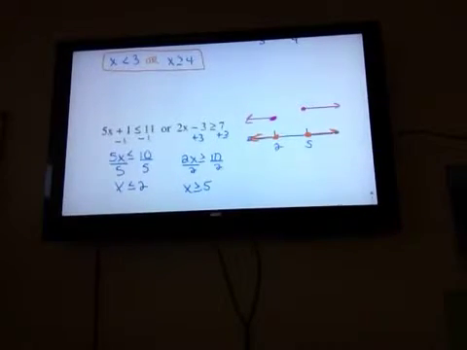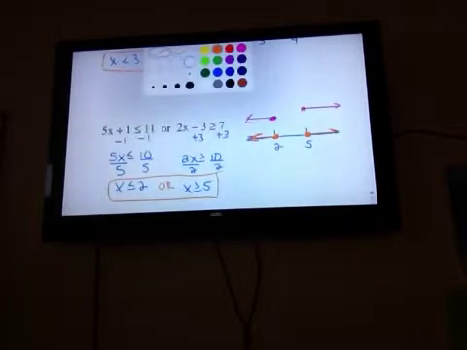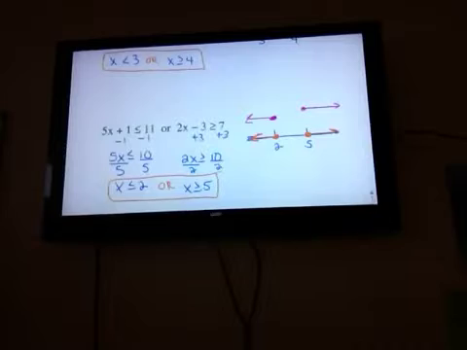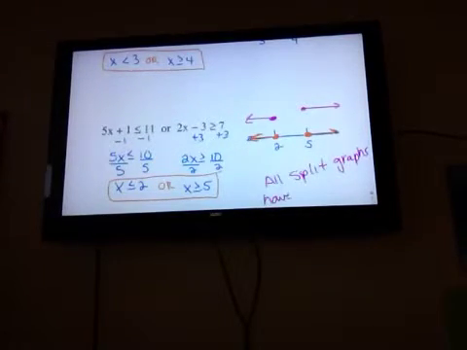And then algebraically, all I got to do is write that word or. So I'm going to make a note here. All split graphs have the word or in the answer.